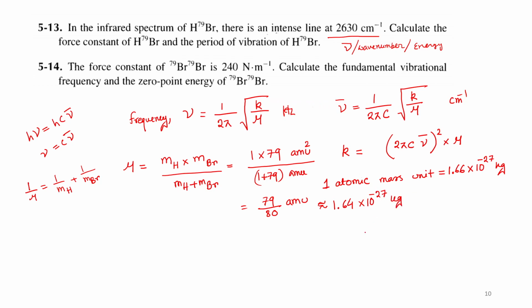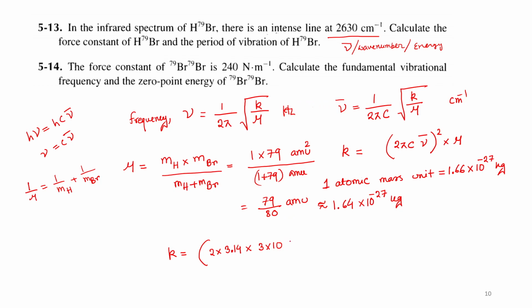Okay. So my force constant will be 2 into 3.14, 2 pi. c is 3 into 10 to the power 10.